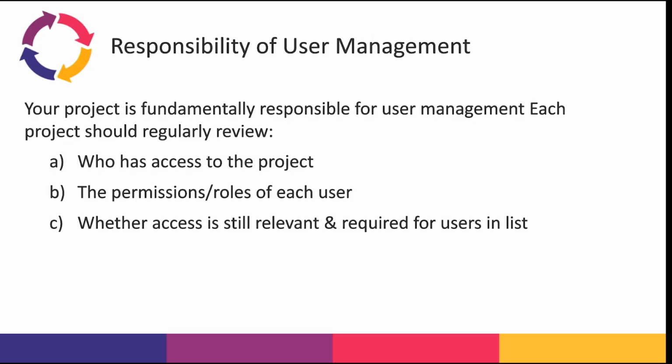In those instances, you'll need to change the permissions and roles, and whether access is relevant and required. So some people might have access for a certain amount of time, change to a different department, and in those instances, you'll need to ensure that you remove access for those users in the list.